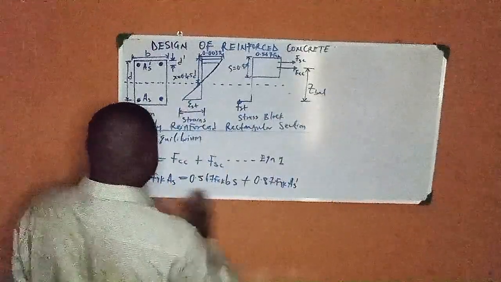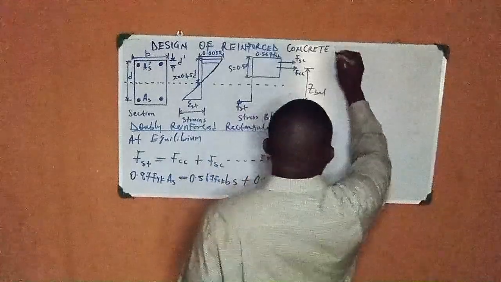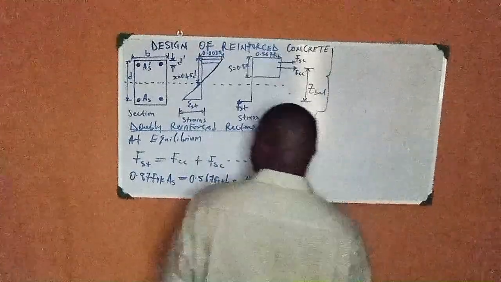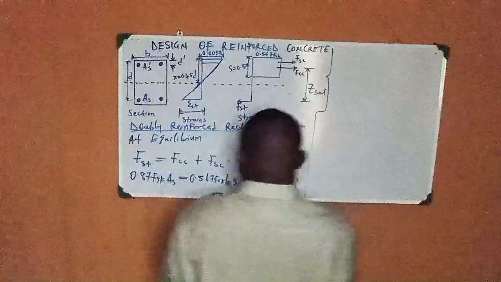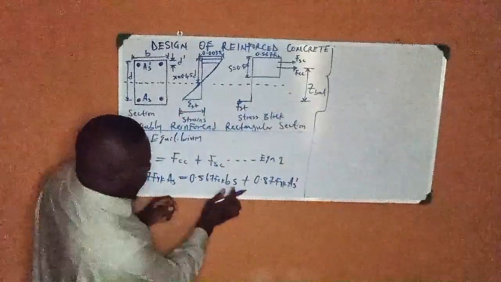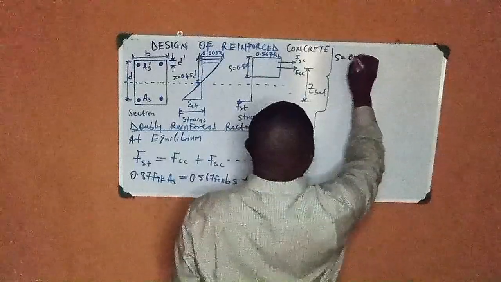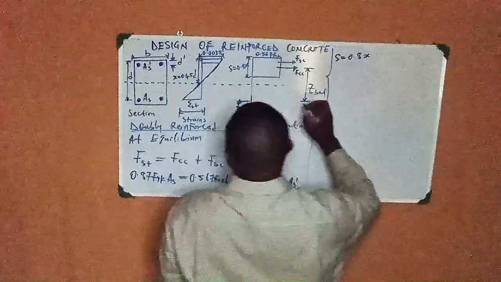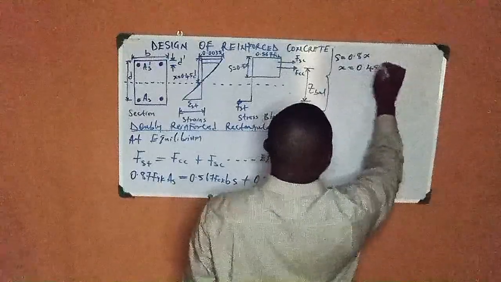Now let's simplify further. Now look at s. s is equal to 0.8x, but x is limited to 0.45d.